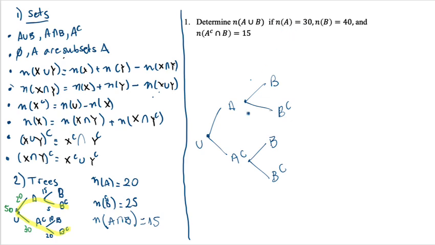Okay, so let me complete this. I have some information. Let's complete this tree. N of A is 30. And N of B is 40. Now, should I put N of B here? No. Why? Because I actually have 2 ways to be in B. I have 2 paths, right? I can be in B by this path, and I can be in B by this path.